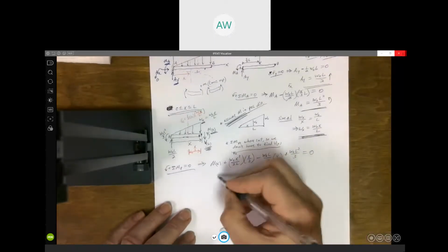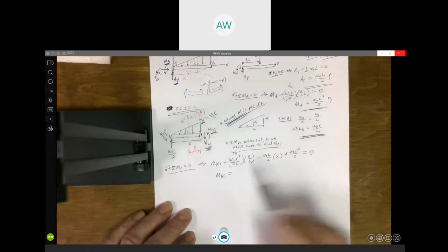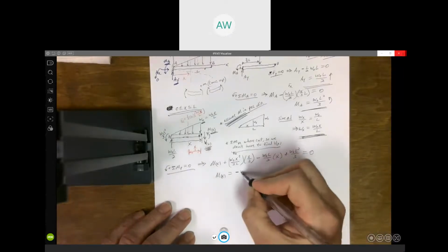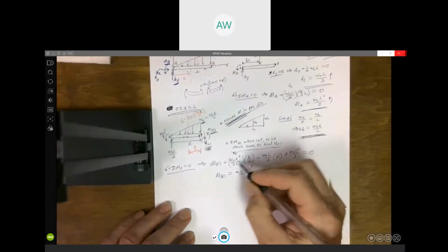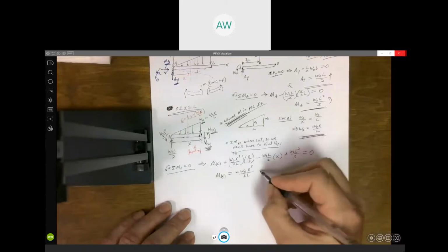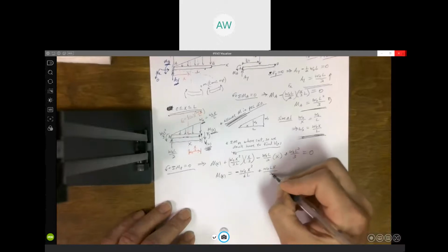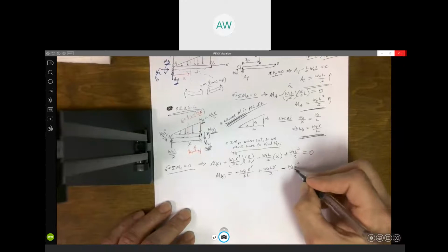And we solve for our moment equation. Move everything to the other side and the signs change. This is going to be minus w naught x cubed over 6L, since 3 times 2 is 6L. Move this to the other side, it becomes positive: w naught L x over 2. And then this one becomes negative: w naught L squared over 3.